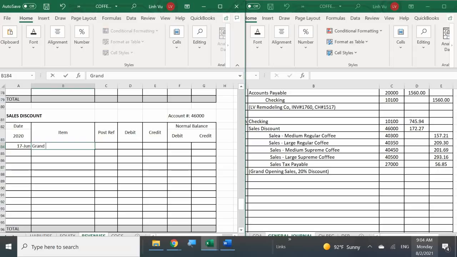Good. Grand opening, 20%. And for what total amount? $172.27. Okay. Make sure you're on the debit side because it's a contra account. Okay, so 172.27.